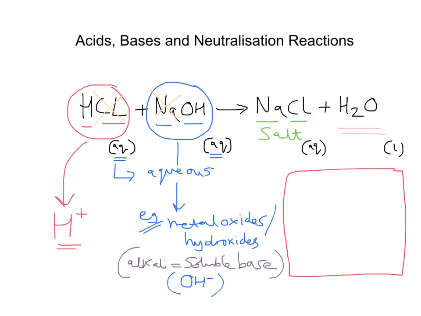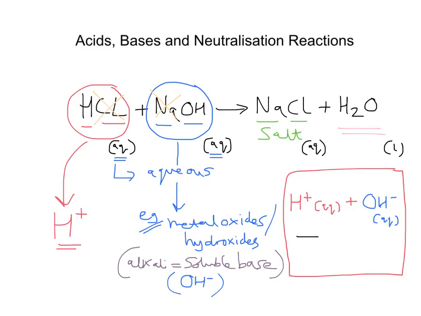So when we look at neutralization reactions, we can say the H plus from the acid, that's aqueous, so in solution, plus our OH minus from our base, and once again that too is aqueous.